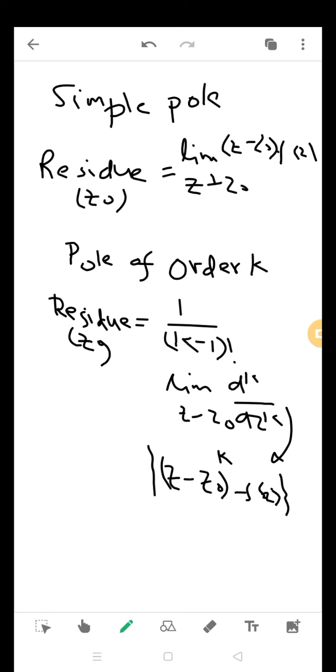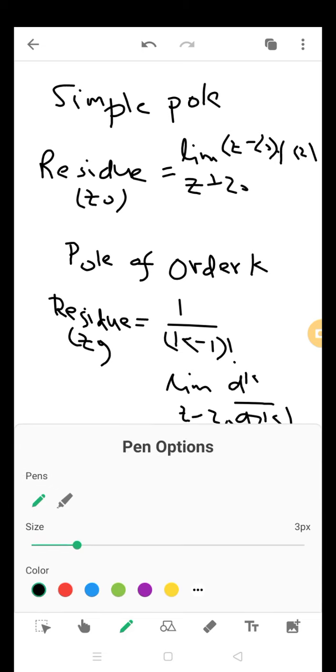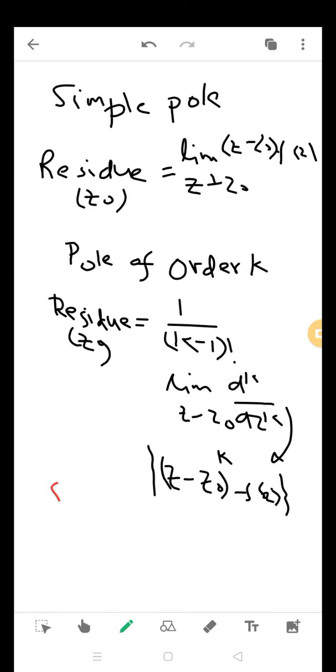Now here for a simple pole, of course, the order k is equal to 1.